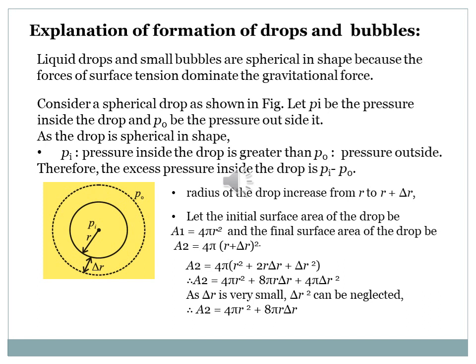We have neglected the term 4 pi delta r square. So you are getting the final surface area of the drop A2 is equal to 4 pi r square plus 8 pi r delta r.